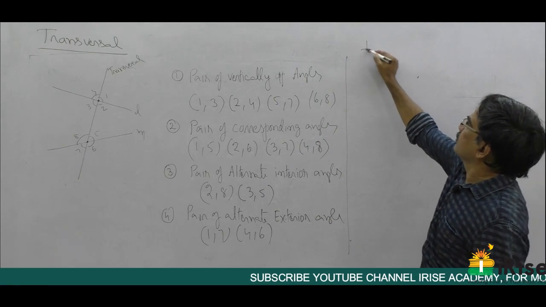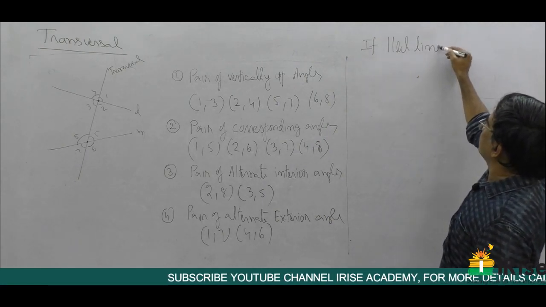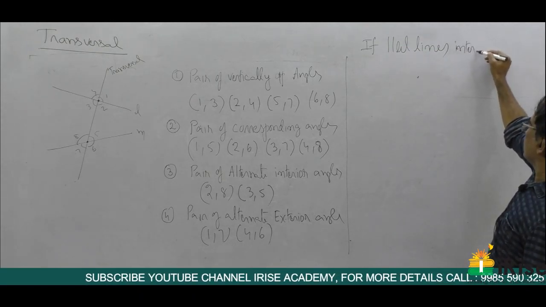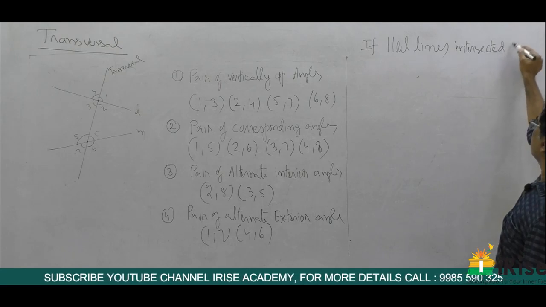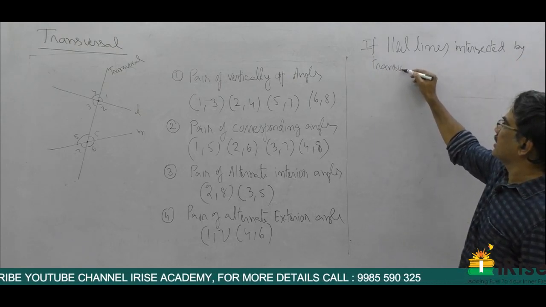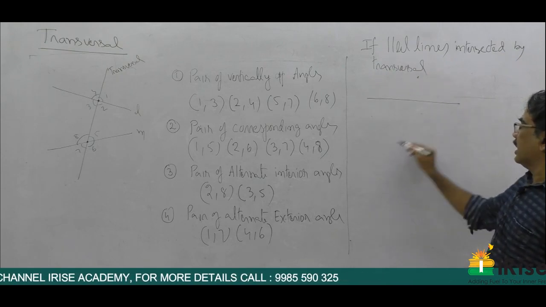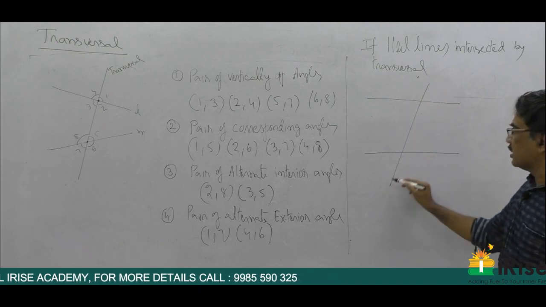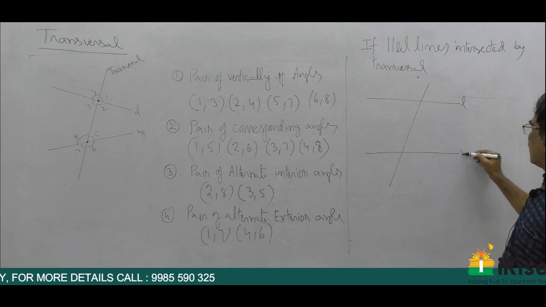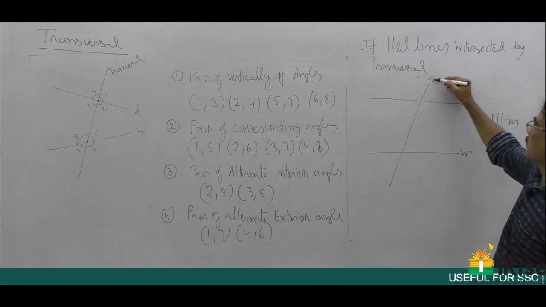If parallel lines are intersected by a transversal, here L is parallel to M, and this is the transversal.